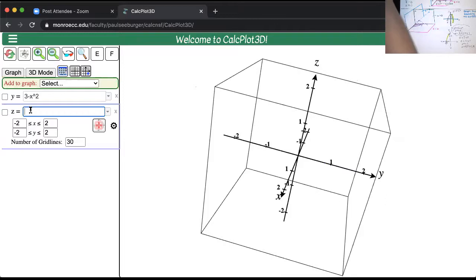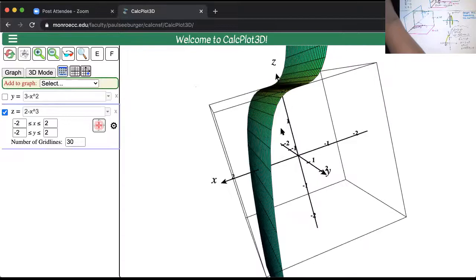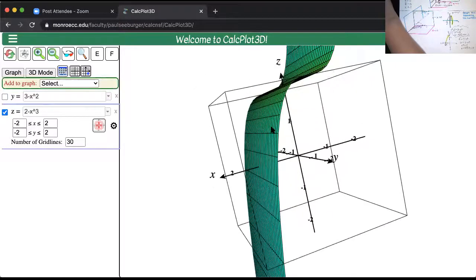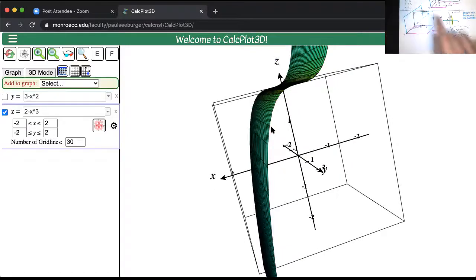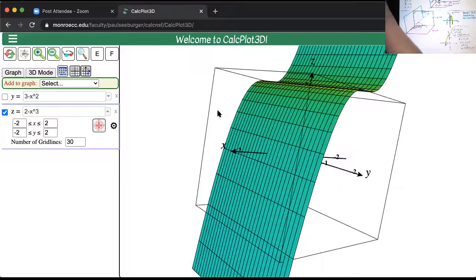I want to use z equals, let's say, 2 minus x cubed. It's going to have the same shape. It's just going to go up 2 units rather than 7 units so that we can see it. You see it? On the xz plane, it looks like that. So there's that shape that I drew right here, but y is free to be anything. So that's what you're going to see in 3D.